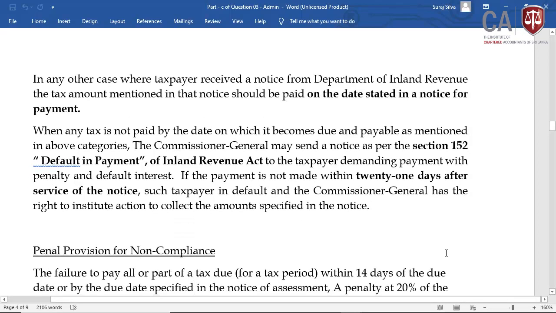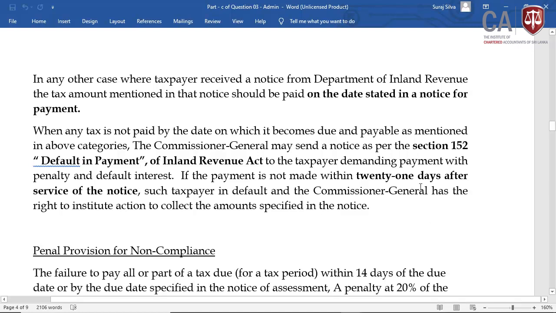Then when any tax is not paid by the date on which it becomes due and payable as mentioned in the above categories, the Commissioner General may send a notice as per section 152, taxes in default. As a taxpayer, you have to pay this amount on or before this date. After receiving that notice, within 21 days you have to make a payment. If not, after 21 days you become a defaulter.